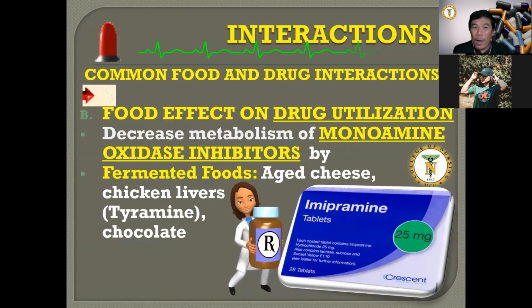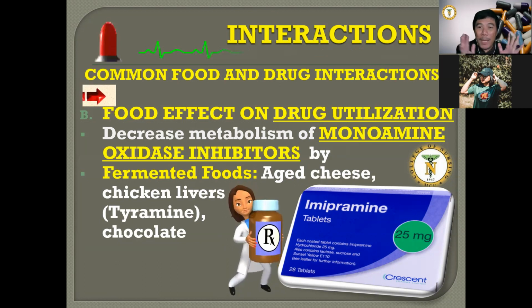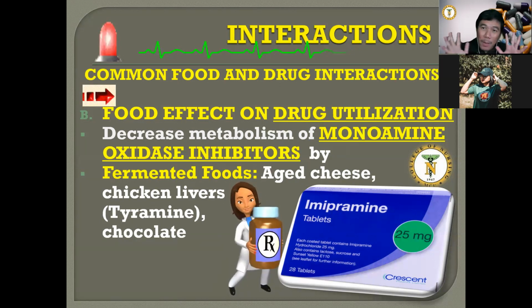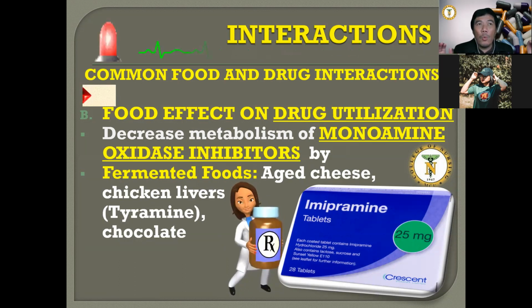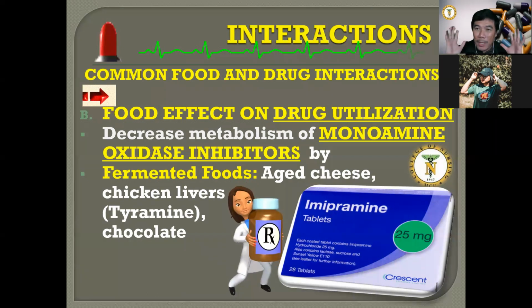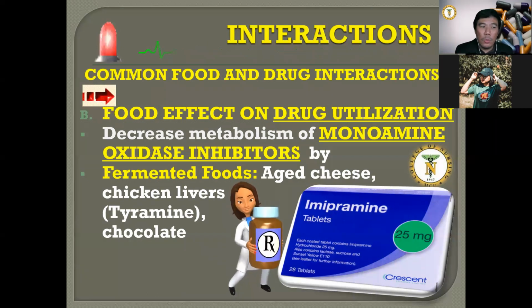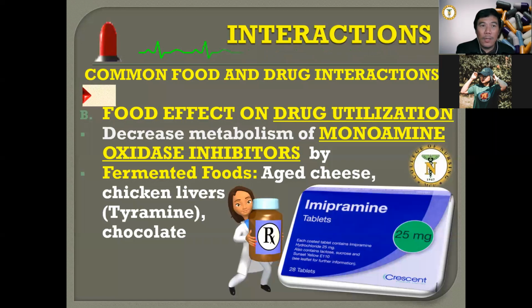The tyramine is the one that will decrease metabolism of this drug. So this is somehow you can now relate yung essence ng knowing nutrition and drug effect. So this is the best time for you to acknowledge, or rather to appreciate.